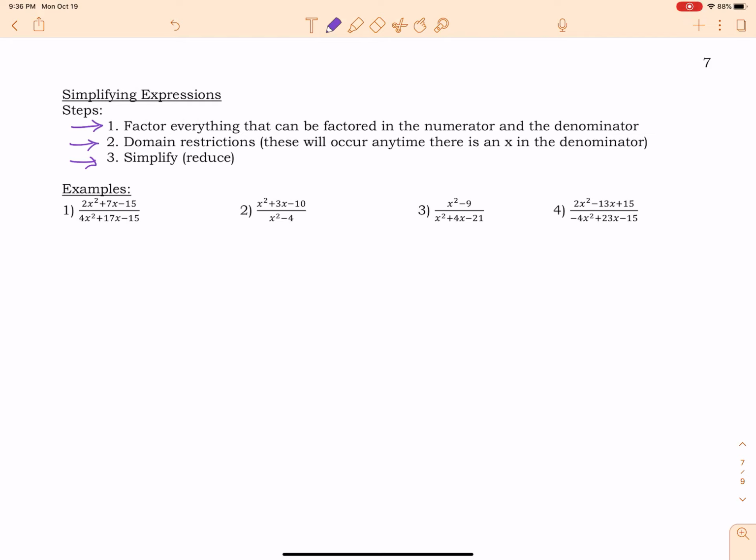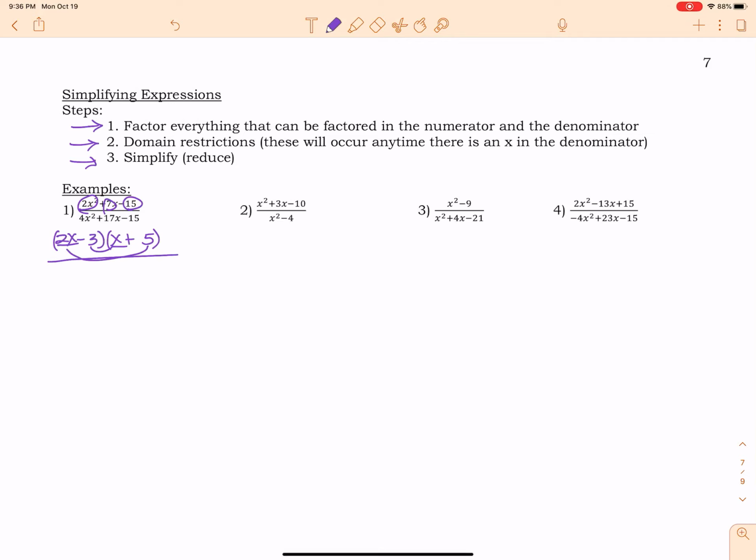All right, so this very first example, I am going to factor the numerator. Okay, so there are my factors. So I've got my 2x here, and x gives me 2x squared. I need multiples of 15 that multiply to give me 15, but are going to add to give me 7. The reason I'm picking 3 and 5 is because this is 3x and this is 10x. Okay, so they're going to subtract. That's why their signs are opposite.